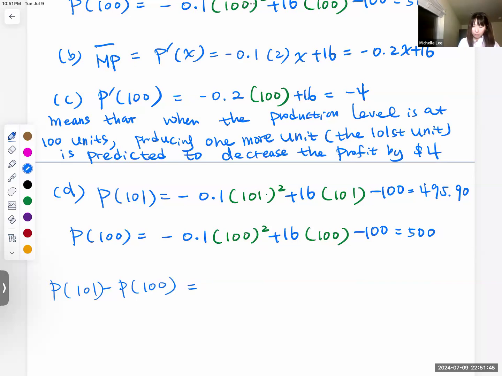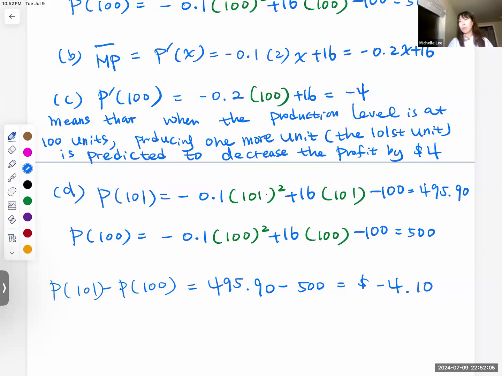That will be $495.90 minus 500, which is negative, right? So negative 10 cents. Yeah. So what does this mean, right?